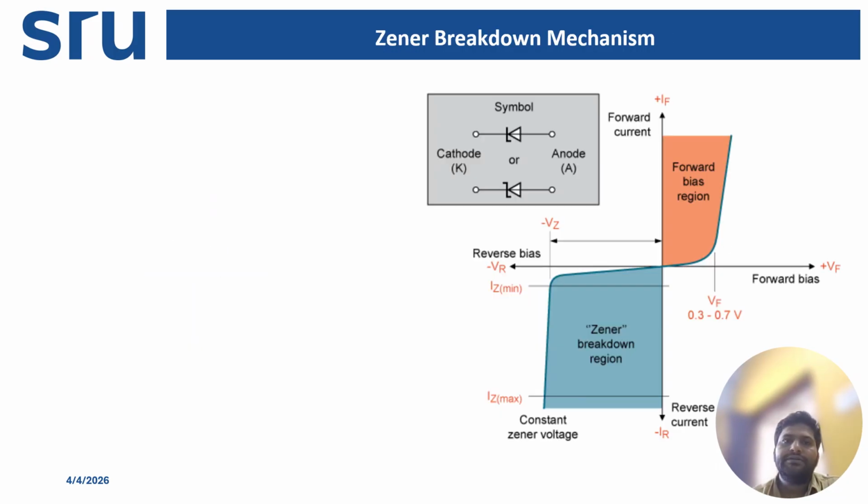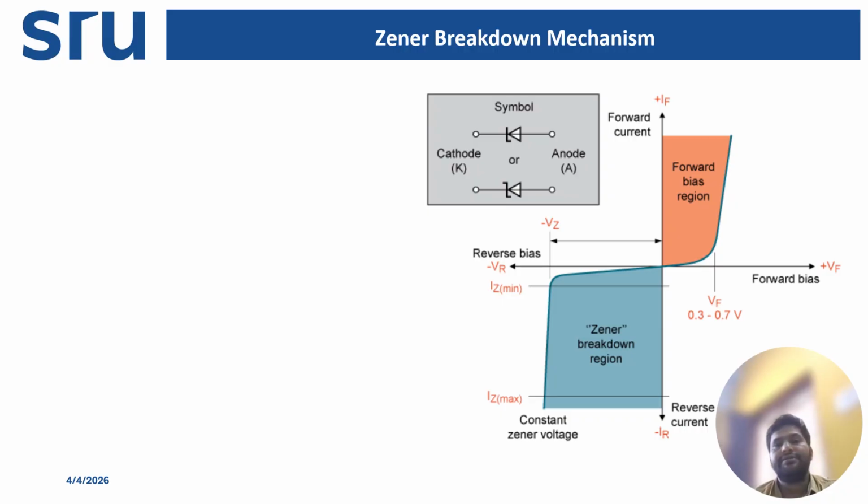Zener breakdown is a special type of breakdown that can occur in a diode when it is reverse biased and the reverse voltage reaches a low critical value. Let us see the conditions for Zener breakdown. Zener breakdown occurs in a heavily doped PN junction diode with a thin depletion region and low reverse breakdown voltage, usually below 5 to 6 volts. Because the diode is heavily doped, the depletion region becomes very thin.